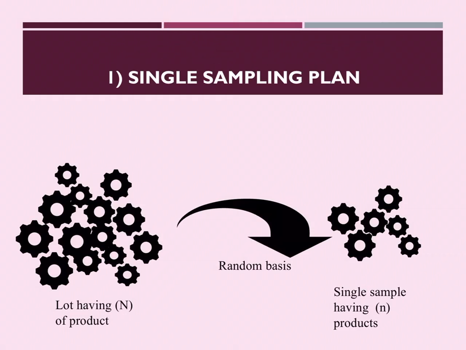The next topic is types of acceptance sampling plan: single sampling plan, double sampling plan, and multiple sampling plan. In a single sampling plan, as per the available lot we pick some products as a sample on a random basis, then check this sample as per the standards and find out the defective pieces.